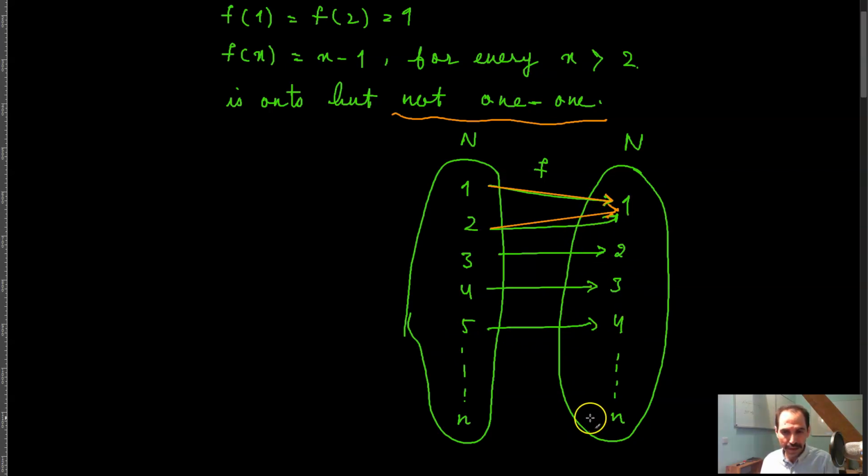Meaning that in the same manner, every element of the set of natural numbers, as far as the codomain is concerned, is going to be the image of some element in the domain, meaning that all of the elements here in the set of natural numbers will simply be covered. And so what that means is that, of course, this is an onto function.